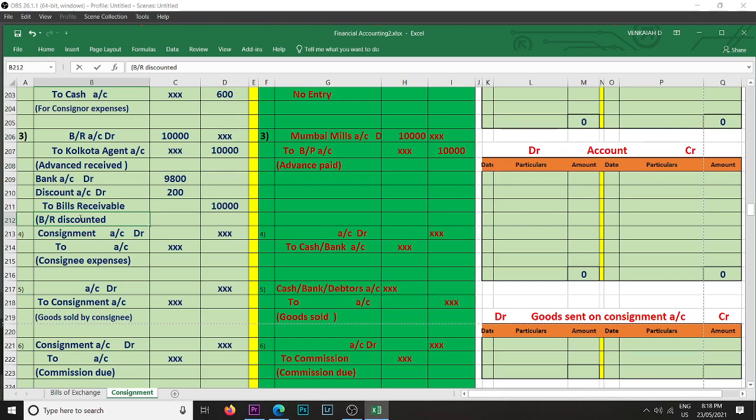Amount is 668. And here, name of consignor, we have to record those expenses: Mumbai Mills, cash or bank.